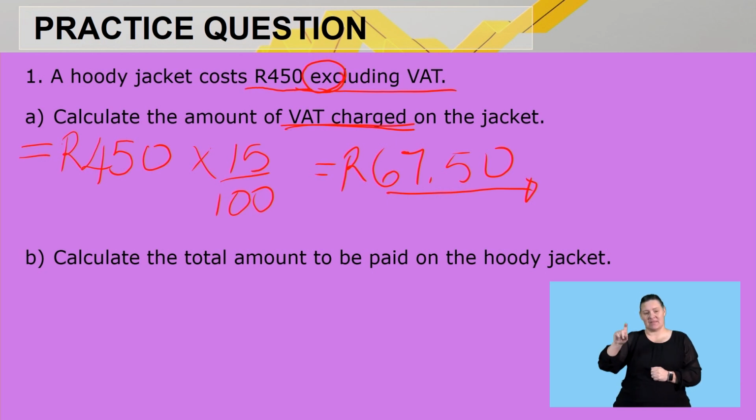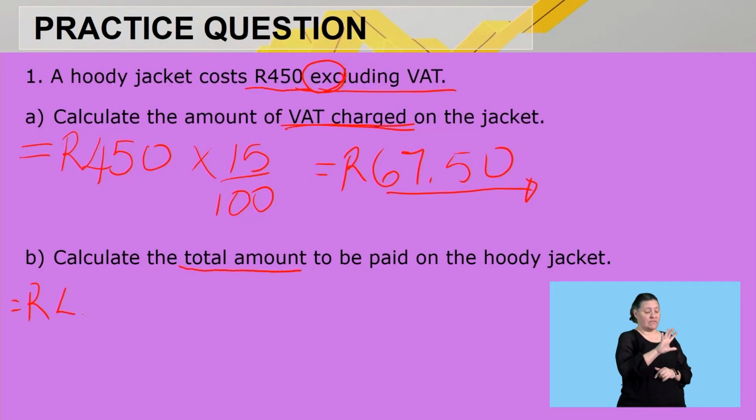Right, looking at number B, calculate the total amount to be paid on this jacket. Total amount simply means it will be the amount from the manufacturers plus the amount of VAT added together.